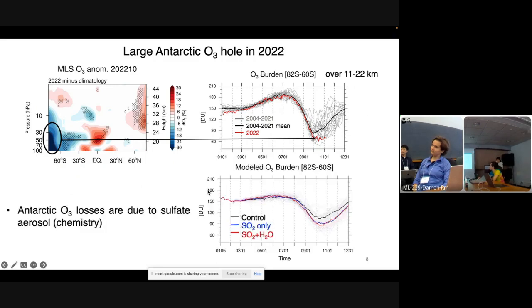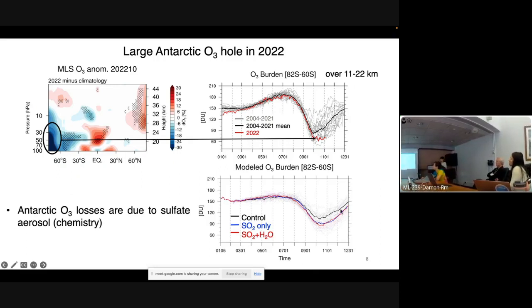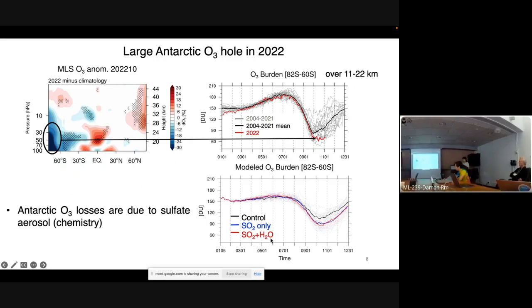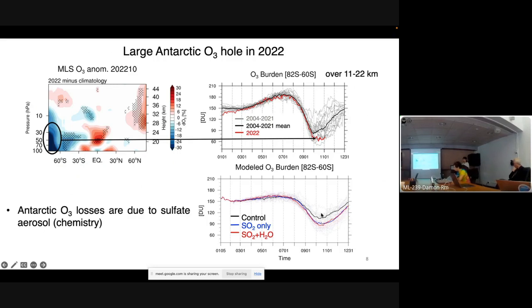Now I want to show you our model simulation for this stratospheric ozone burden. The black is our control simulation, the red is the total forcing run with both SO2 and water impact, and the blue is the SO2-only run. If you compare to the control run, you can see that the combined impact of water and SO2 has led to a net ozone loss of around 15 Dobson units, which works well with what happens in the observation.